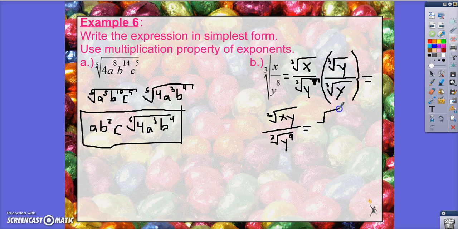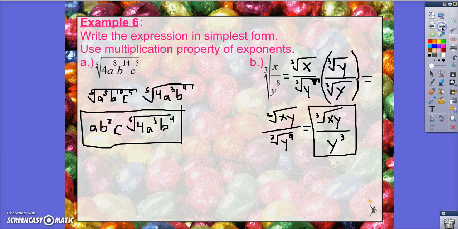So let's rewrite the top again. Cube root of xy can just stay like that. Over 9 divided by 3 is 3. So remember, we divide them. So it's y cubed in the denominator. And that's our final answer.